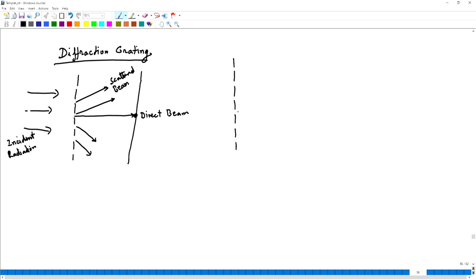So, let us say this is a scattered beam, which makes an angle of theta with respect to the direct beam.